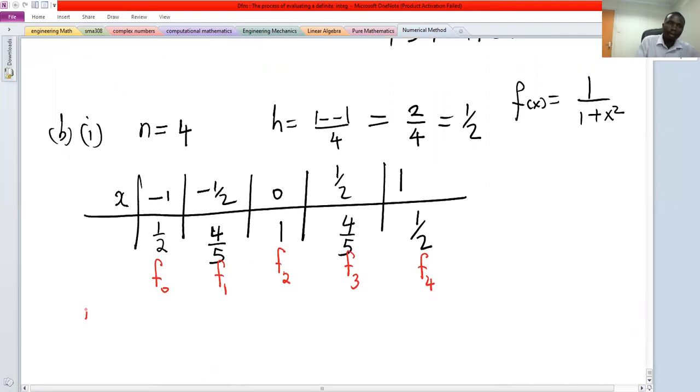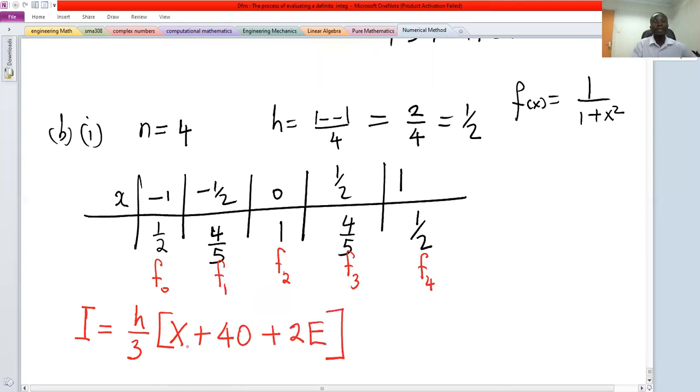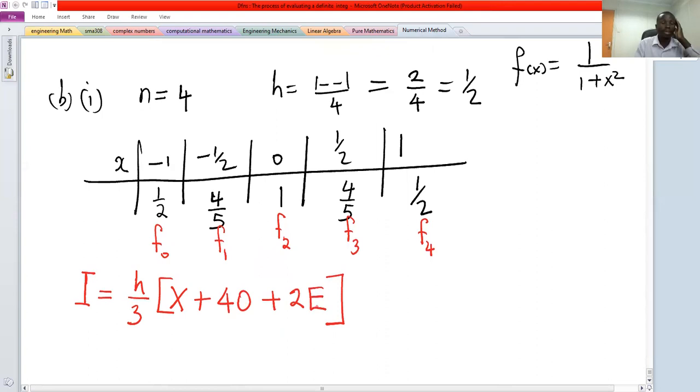And remember, by Simpson's third rule, the integral is h over 3 into X plus 4O plus 2E, where X means sum of end ordinates, O means sum of the odd ordinates, and E means sum of the even ordinates.